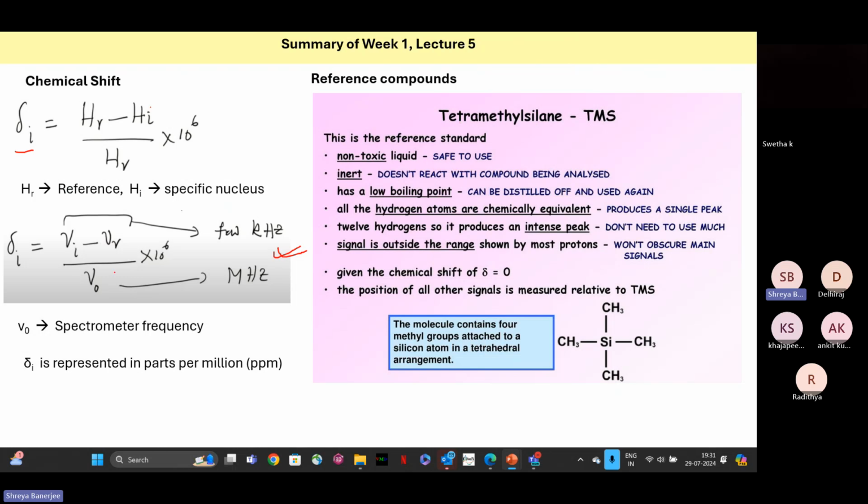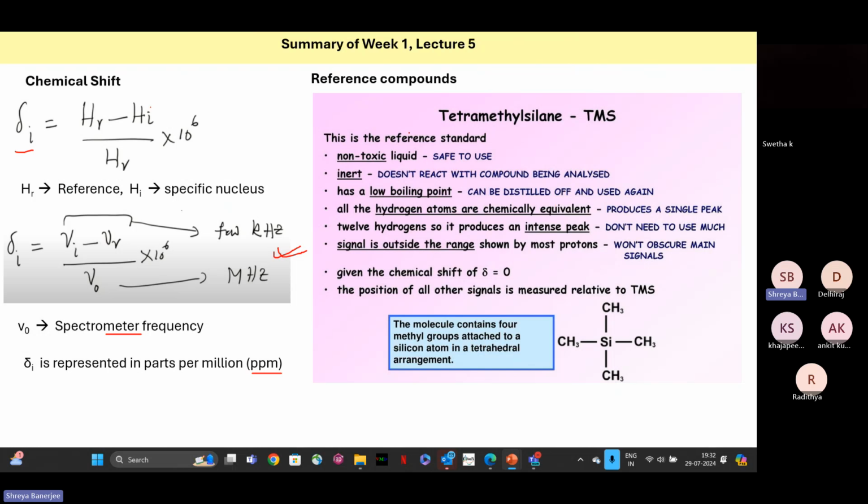And in the denominator, you have the spectrometer frequency. And multiplying by 10 to the power 6 is done so that the units of delta I are parts per million or ppm. So why do we choose TMS as reference? There are several points for that.